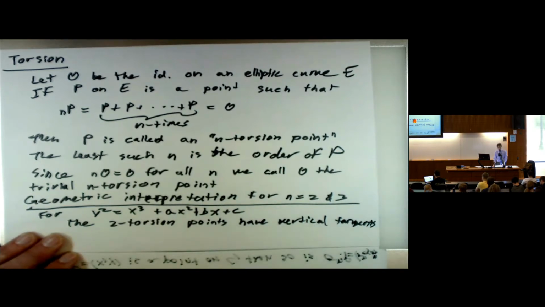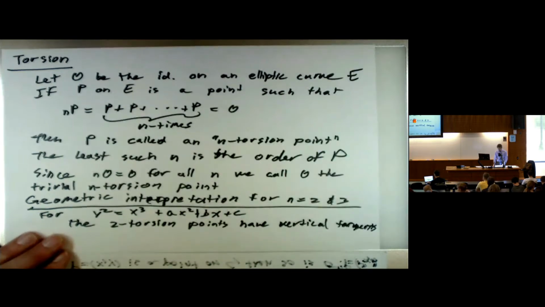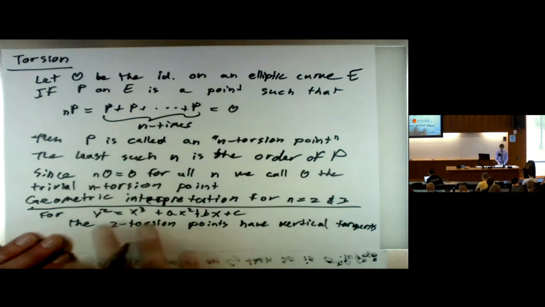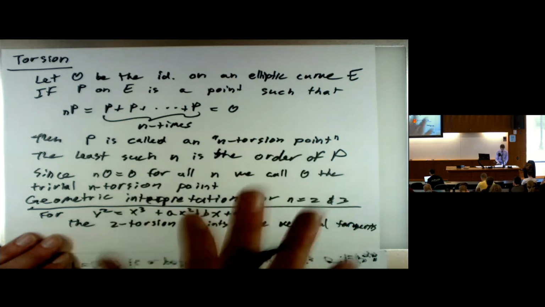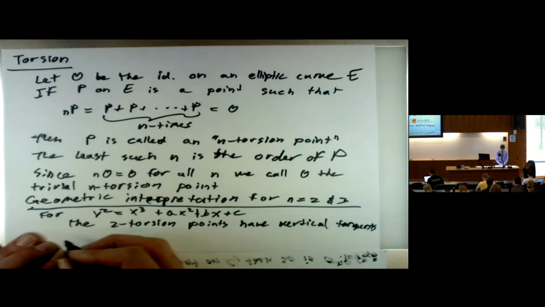Technically, if you have something with general a's, you can still get it in a similar way. I'm not sure vertical is really the best way to say it, but it's a very easy, very nice interpretation with the 2 torsion.